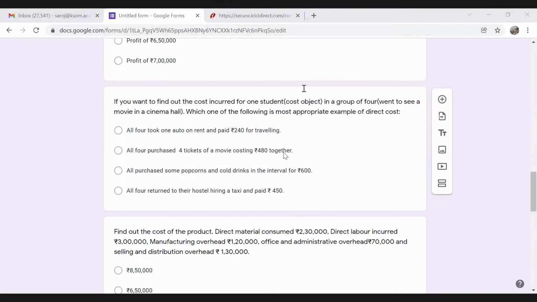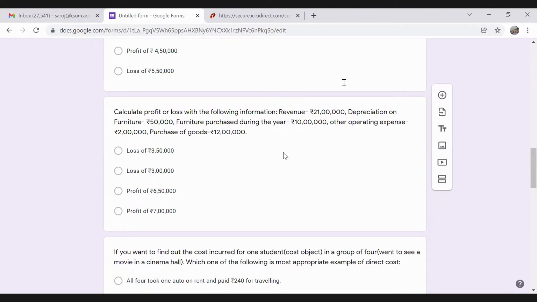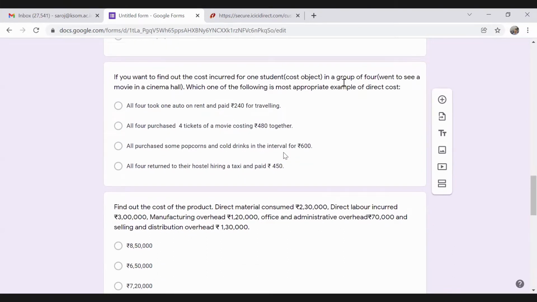See, if you read the statement, what is given there? Other operating expenses, right? So I have tried to separate it from the depreciation. So depreciation is also operating expenses, but then I have written other operating expenses. I have not written operating expenses. Okay, sir. Got it. And sir, depreciation will come under the non-cash credit transaction.